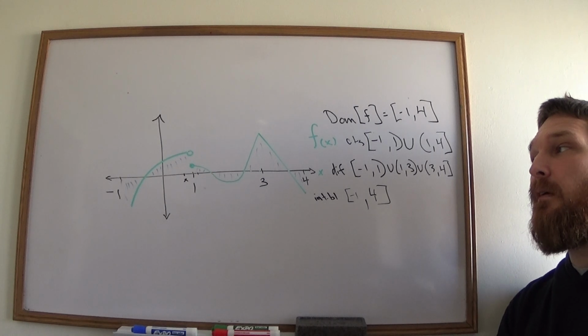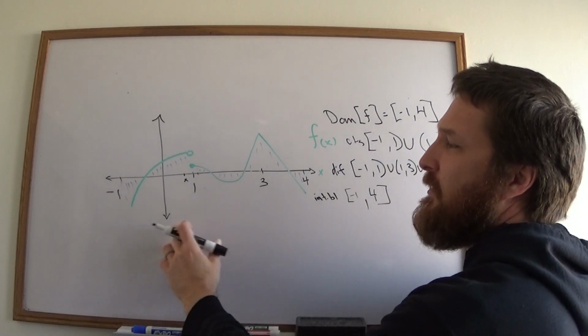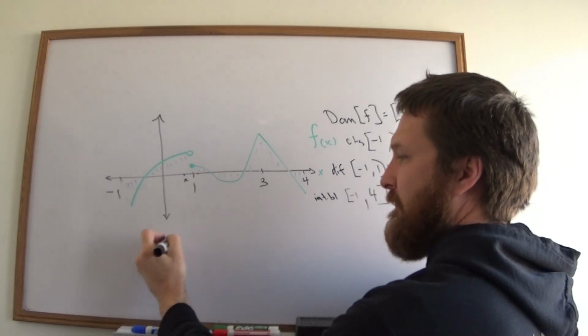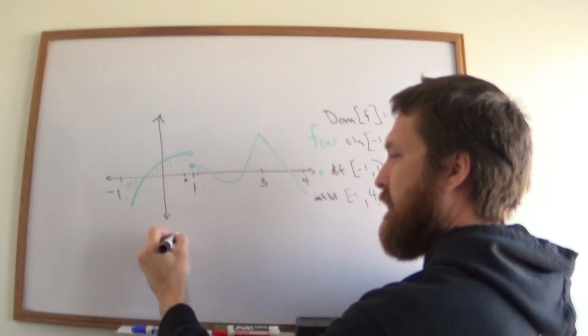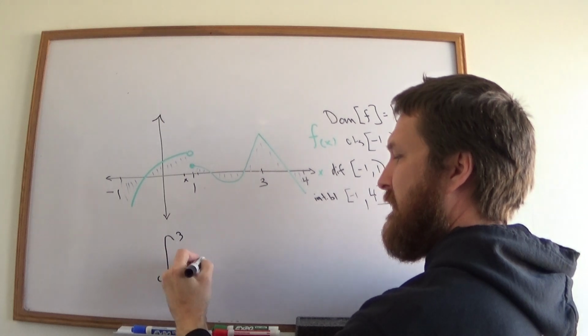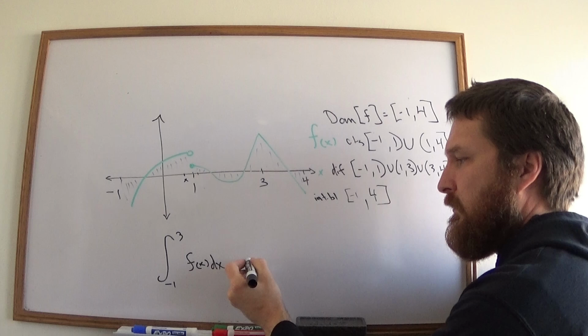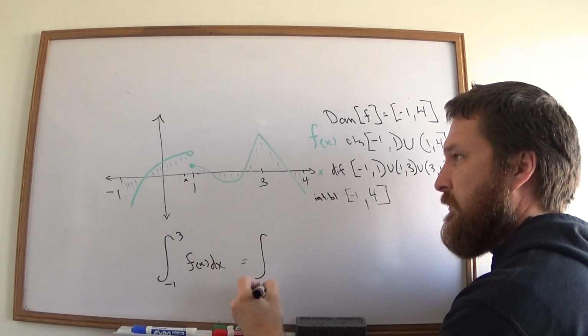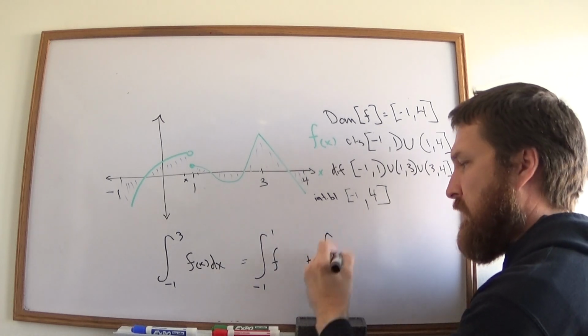Well, in practice, what this would look like. Let's say we're integrating from -1 to 3 of f of x. In practice, you would say that's the same thing as the integral from -1 to 1 plus the integral from 1 to 3.